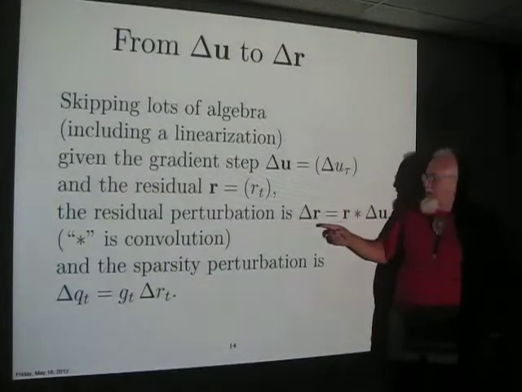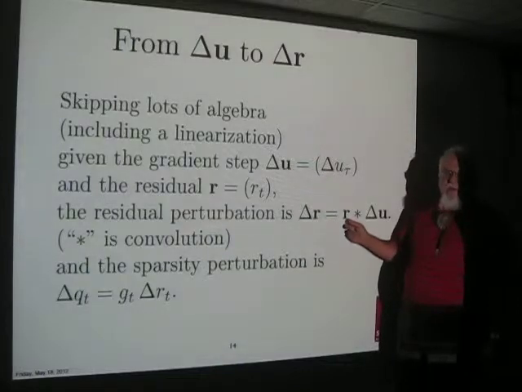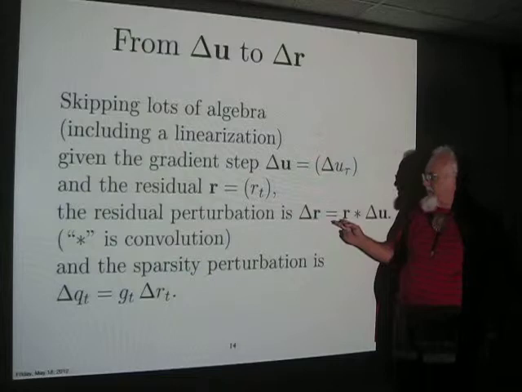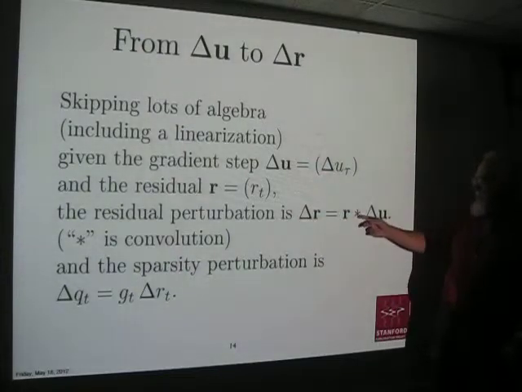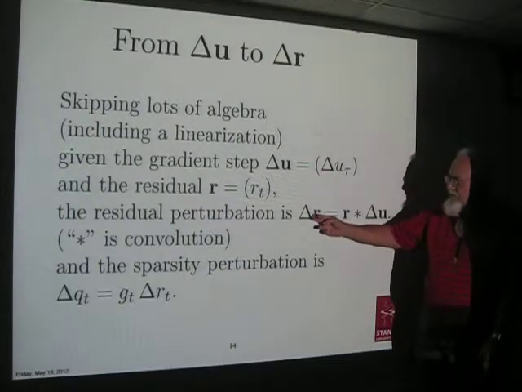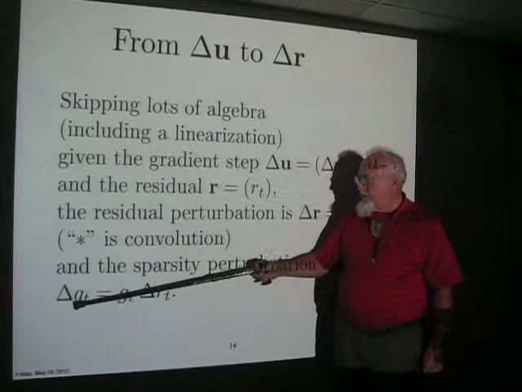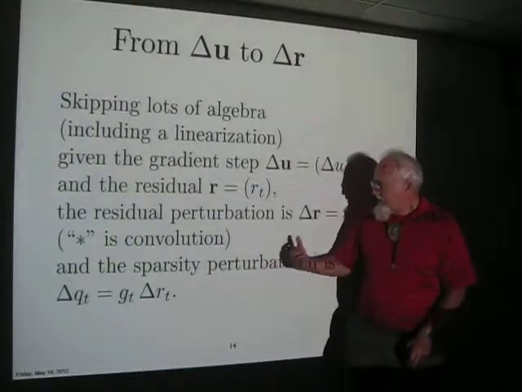Kind of interesting that delta R is proportional to R. It gives you the feeling that, hey, we can have big values in here and we can have small. Small values will be changed by a little bit, and big values will be changed by a lot. So you get the feeling this is kind of a nice answer, and this is convolution here. Then, of course, we don't really want that. We're really interested in how the statistical variable changes as we change that residual. And so we have to gain it up.